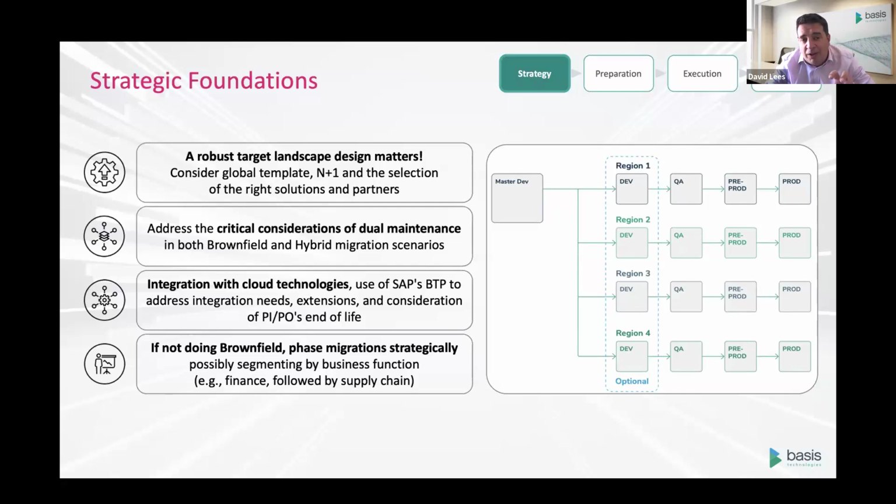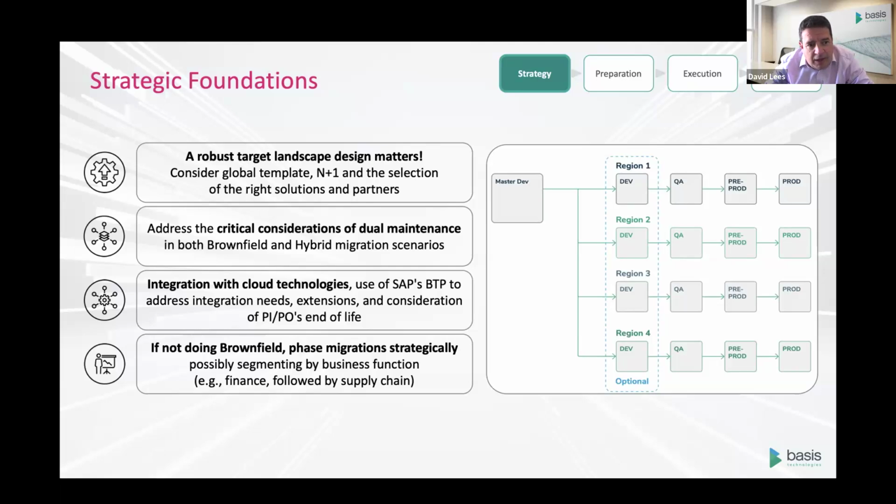But it's worth having a think about that target landscape design as one of your early strategy drivers. And obviously that's an area that we focus on, because supporting those more complex customers that want to handle a global template and manage that with the right tooling and automation in place is one of the areas that we support.